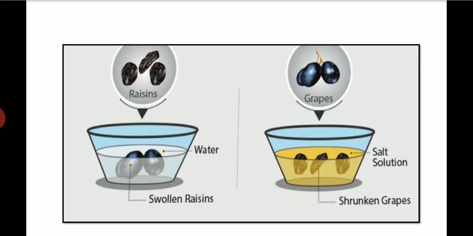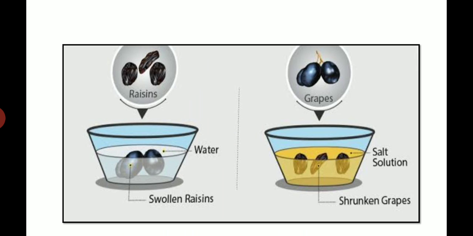See, on the left hand side, where we have kept raisins inside a bowl containing water, the concentration of water molecules is greater in the bowl than in the raisins. That's why the water molecules are moving inside the raisins, and so the raisins swell up. But when we keep grapes inside a bowl containing salt solution, water molecules are fewer in that solution, and inside the grapes water molecules are more.